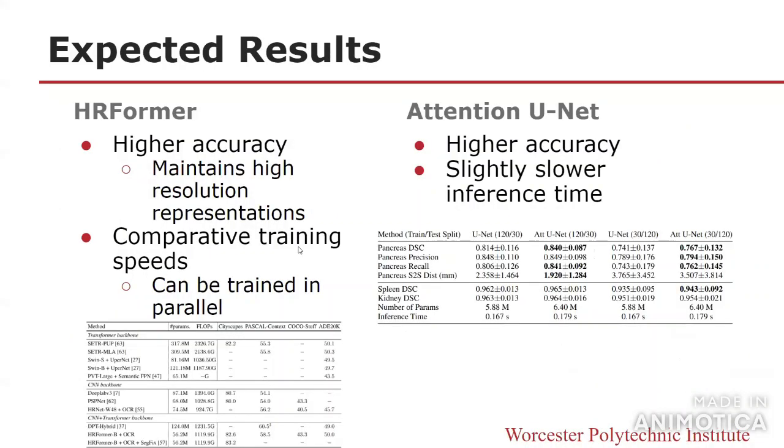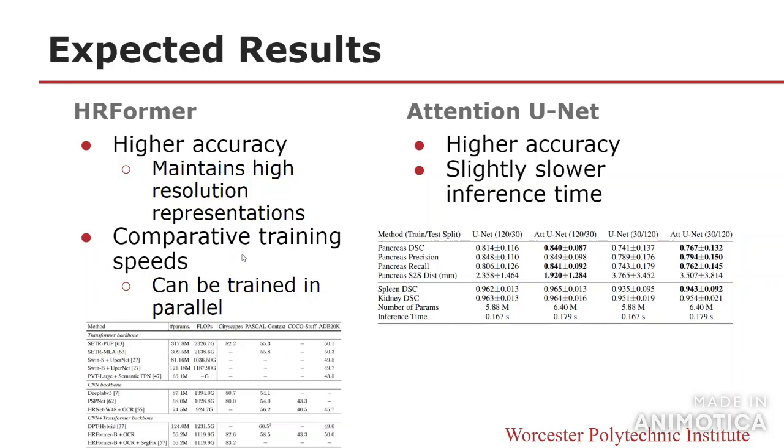So we're still training and working on our final results, but here are some expected results. For the HRFormer, we expect higher accuracy because it maintains high-resolution representations. This is important for satellite imaging, which tends to have lower resolution and harder to distinguish features.